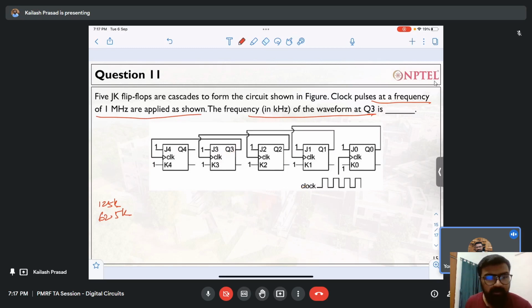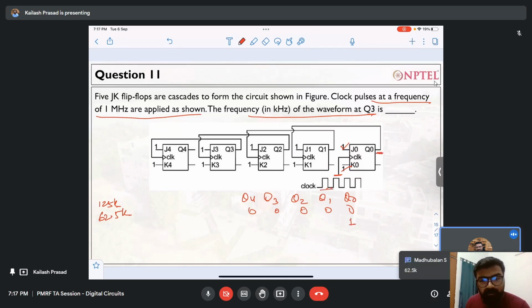Okay, so let me see what is the answer. Please note that clock will be applied here, and J and K is 1. So I will write it down: Q3, Q2, Q1, Q0, and Q4 also. Initially everything remains at 0. As soon as the clock is applied, this will become 1 and everything else will remain at 0.